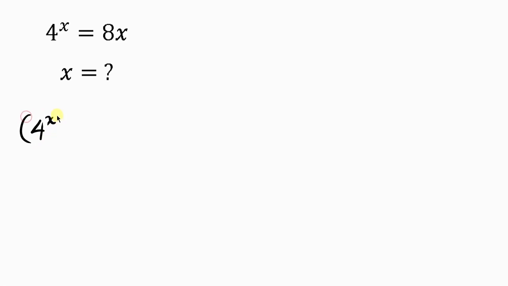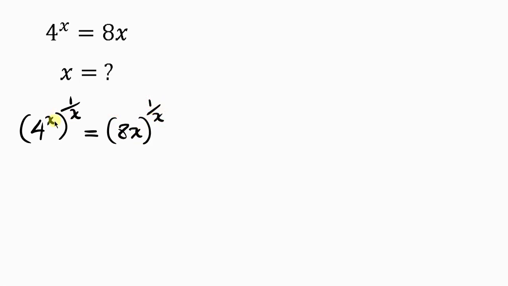I'm going to be taking the exponent 1 over x of the left hand side equal to, I'll do the same thing to the right hand side. For the right hand side, I have 8x. I'll take the exponent of the right hand side as well, which is 1 over x.